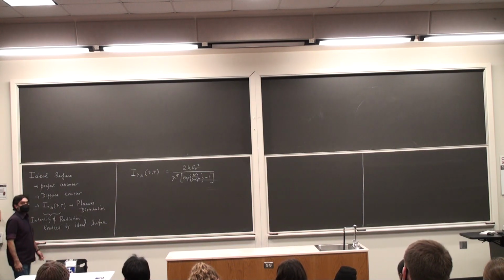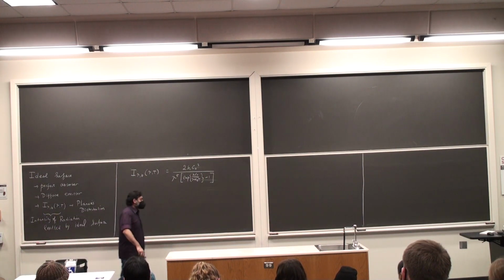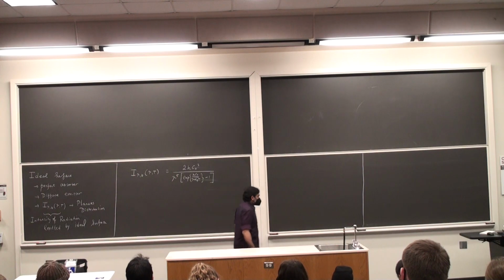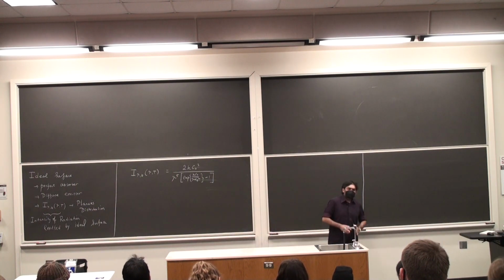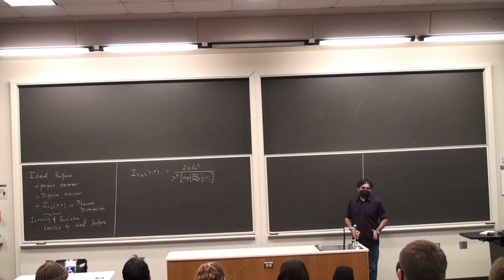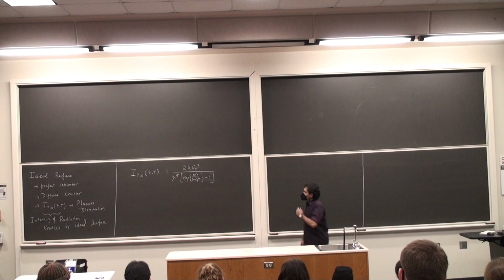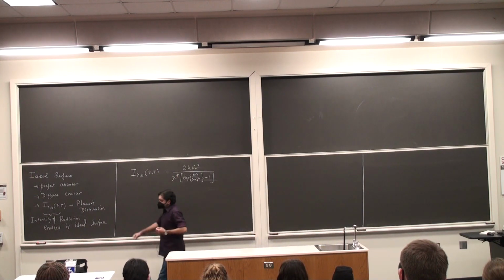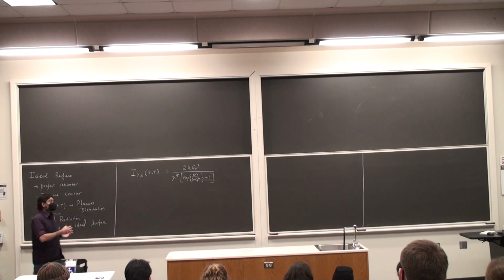So here h is Planck's constant, c0 is the speed of light in vacuum, and kB is the Boltzmann constant. We will not be using this equation in its glory, but we will have some tabulated values that we will use eventually.